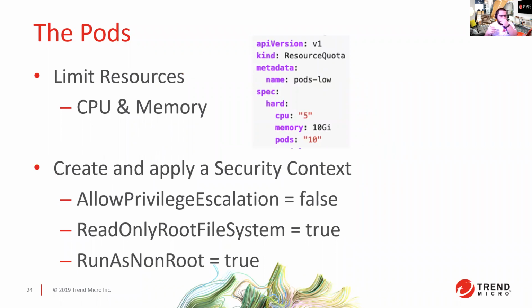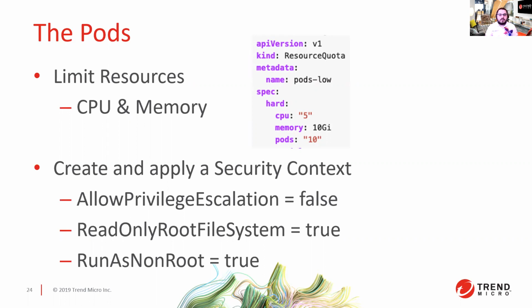Okay, that's good. And what are some basic things that you can also do on your cluster without needing third-party tools to protect yourself? So basically, you have the pods. As I said, pods is the smallest deployment unit on the Kubernetes cluster.